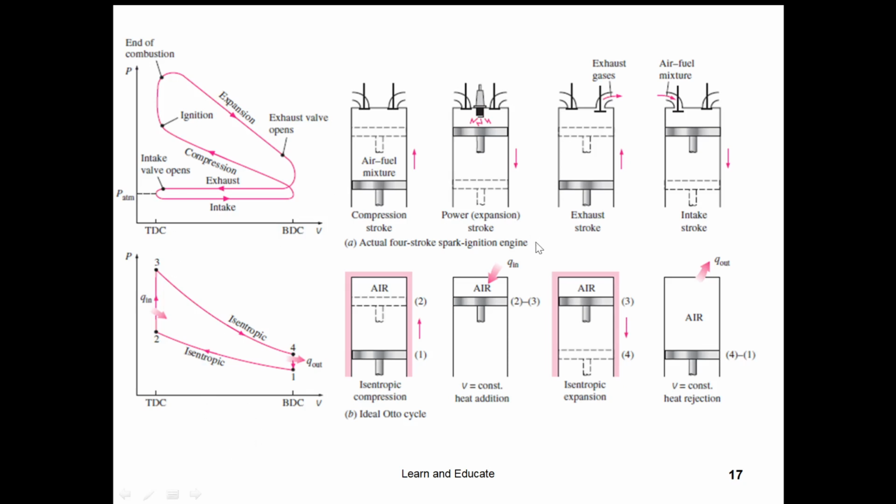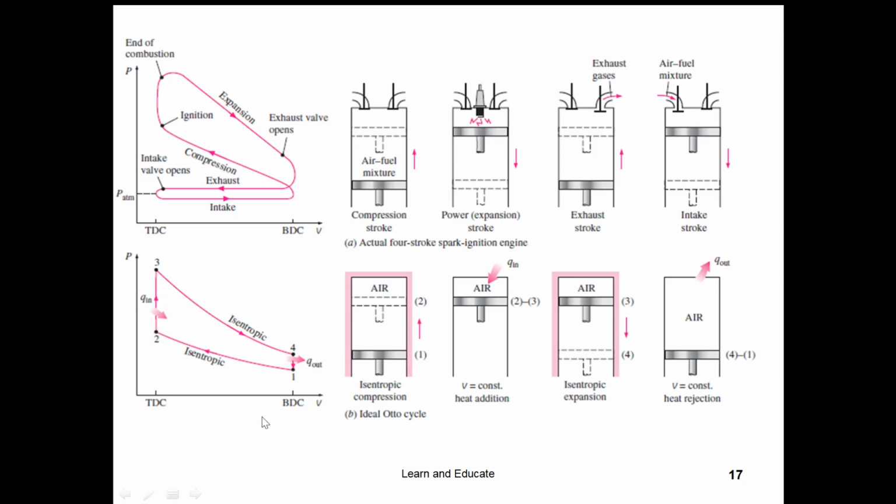First of all, please remember not to confuse these processes in a cycle with the strokes. Strokes are different. Strokes are just the movement of the piston between the dead centers. In the last class we have seen the dead centers, top and bottom dead centers, right? So the processes are purely thermodynamic processes. So let us begin with this Otto cycle. Let us forget these strokes now. The strokes I will explain in the coming slides with animation.